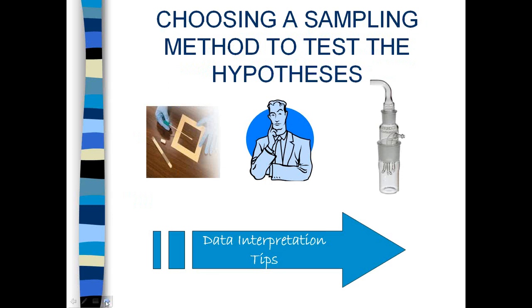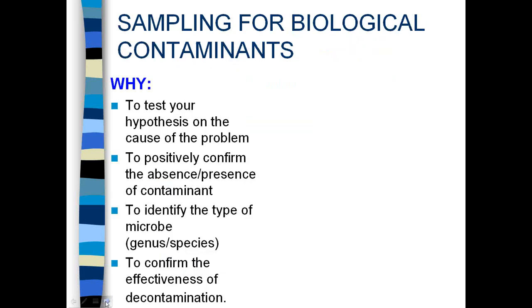Next, we will discuss how to choose a sampling method to test the hypothesis, along with some data interpretation tips. Sampling for biological contaminants is done to test your hypothesis, to positively confirm the absence or presence of biologicals, to identify the type of microbe at the genus as well as the species level, and most importantly, to confirm the effectiveness of decontamination.